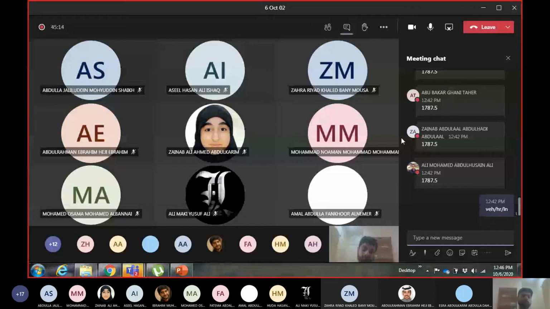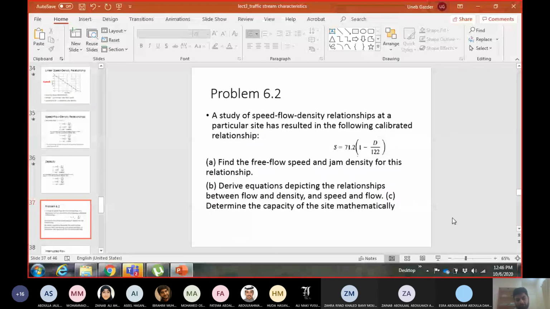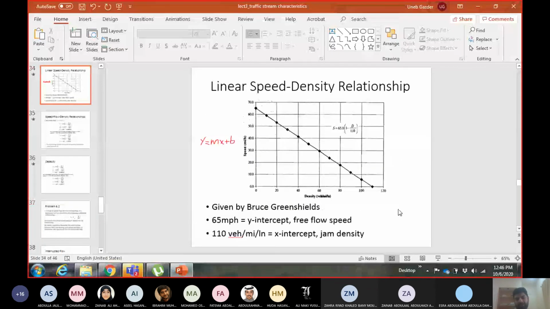Any questions? Doctor, can you repeat part A? In part A, they gave the equation between speed and density. Then they asked what is the maximum speed, the free flow speed, and what is the maximum density, which is jam density. From the line between speed and density, I know that at maximum speed, density is 0, and at maximum density, speed is 0.